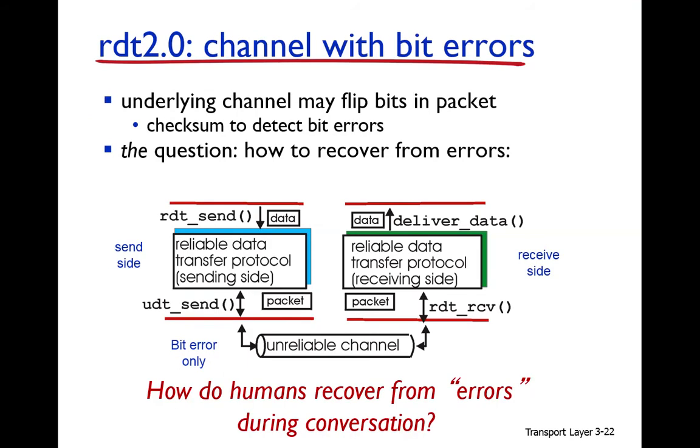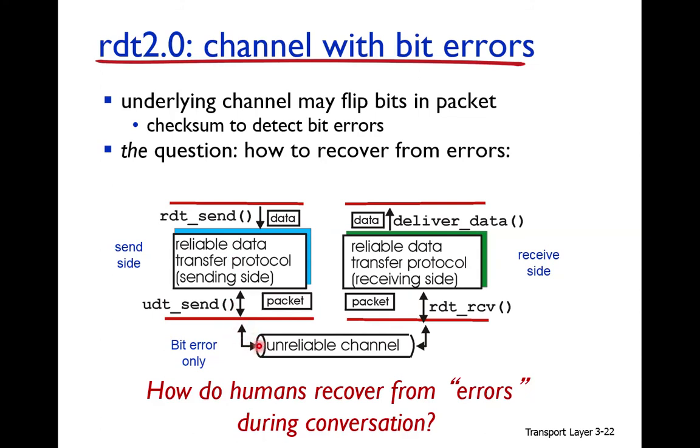Now in RDT 2.0, what does this protocol mean? In RDT 2.0, we assume that the channel has bit error. What does it mean? When the transport layer receives the data from the application layer, it makes the packets and then sends them to the underlying channel.